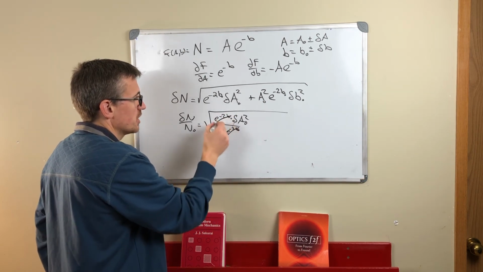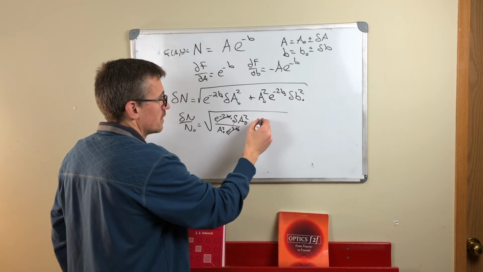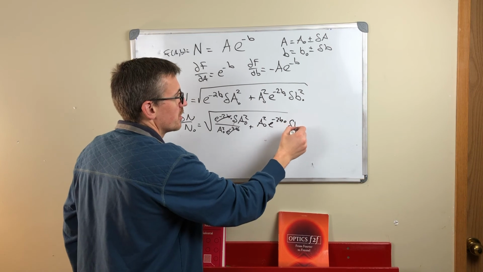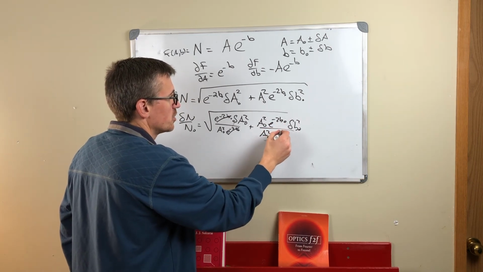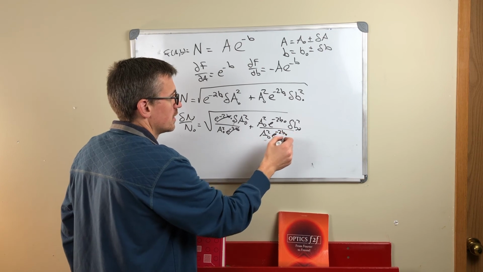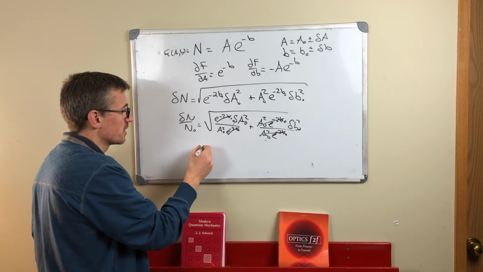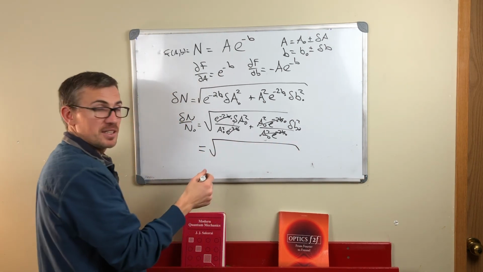And we get a cancellation. Okay, it's going to simplify a bit. Divided by this, a naught squared e to the minus 2b naught delta b naught squared over a naught e to the minus 2b naught. Oh, that totally cancels. So it gives us kind of a nice simplification. So the relative uncertainty is a bit more simple, but it's still not completely straightforward.